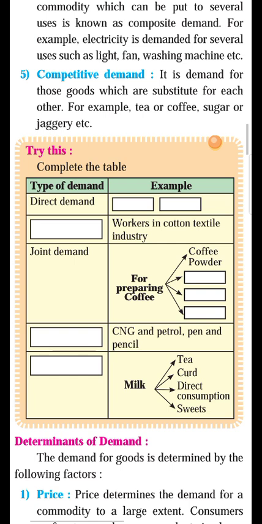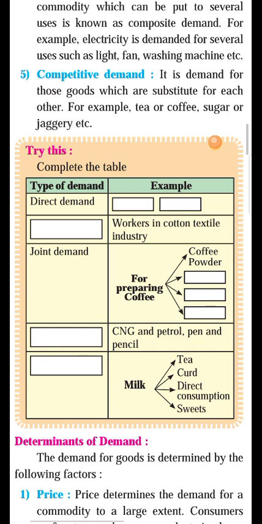So an increase in the price of one commodity leads to an increase in the demand for another commodity, which is a substitute of the first commodity. So it is called competitive demand. The demand increases because of strong competition between the substitute goods.